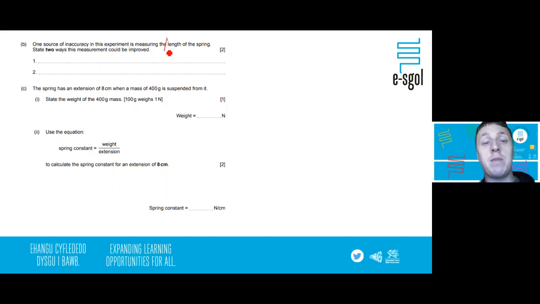So seeing a statement such as length of the spring, hopefully you identify the equipment, which is the ruler, and the fact it's in centimeters. So the inaccuracy is coming from using the ruler to measure the number of centimeters in which the spring is extended. State 2 ways to improve this. So how to improve measuring the length? Well, think, how can we improve the use of the ruler?